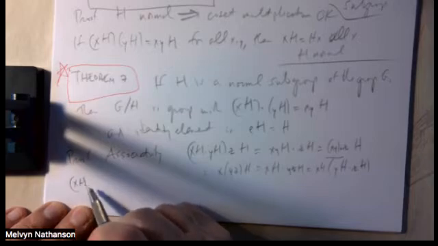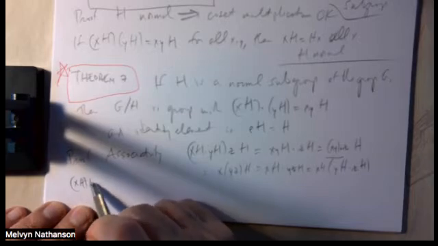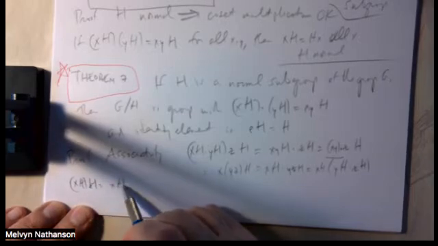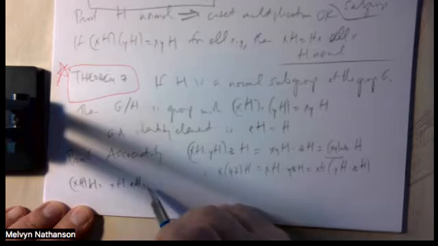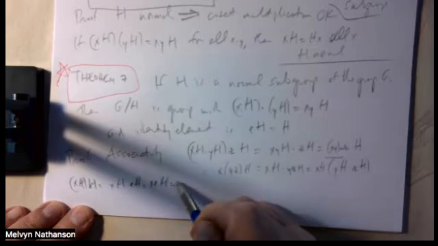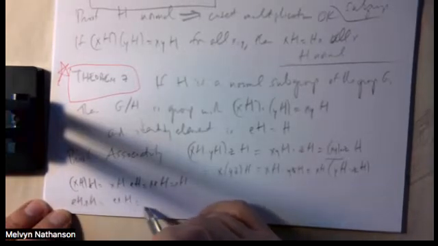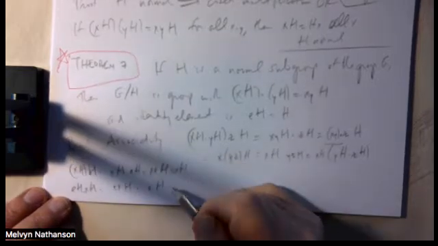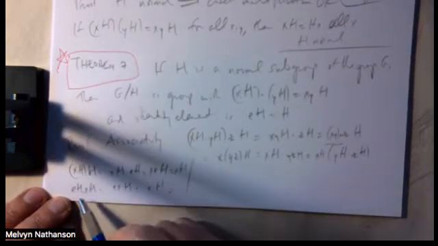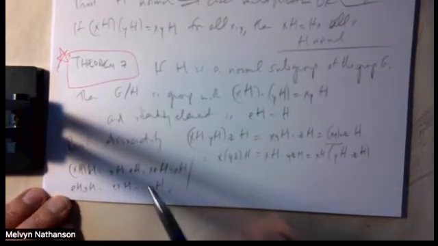And in terms of the identity, xH times H is xH times eH, which is xe times H, which is xH. And eH times xH is ex times H, which is x times H. So this eH or H is the identity on the left and the right.